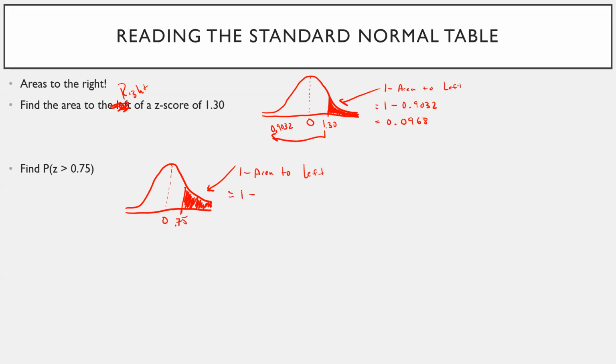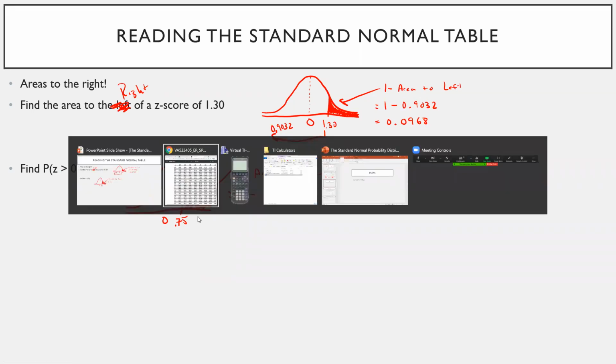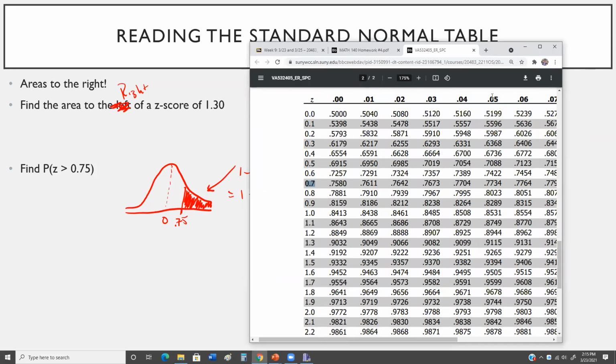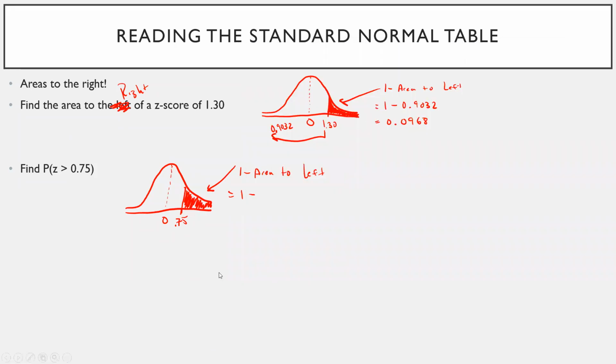So I've got to go look up 0.75. So here's 0.7. And then the last digit is 5. Do you guys see 0.7734? So it's just 1 minus that, which I believe gets you 0.2266.